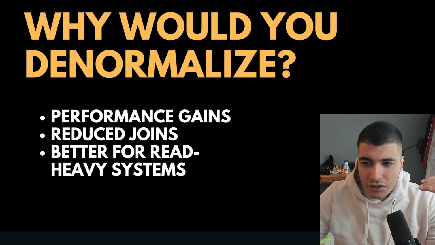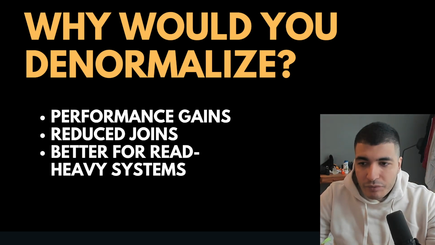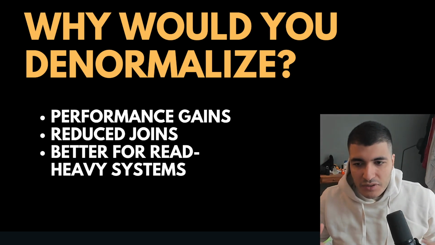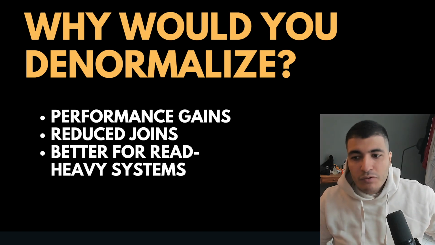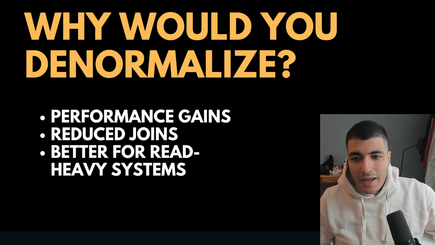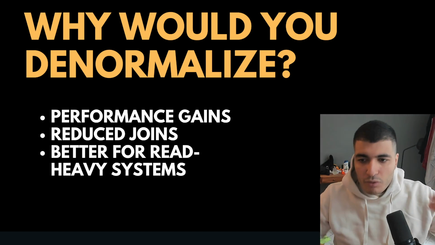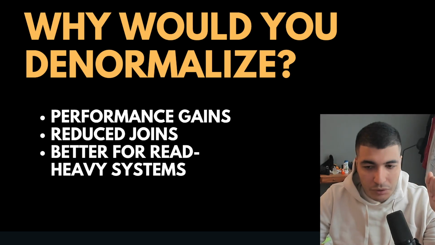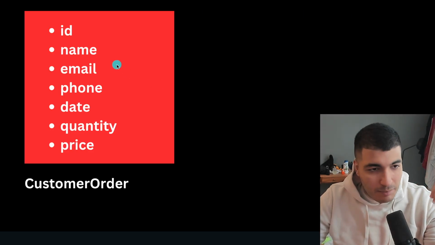If your application is primarily reading data rather than writing or updating data, the extra duplication won't cause as many issues. There are some trade-offs. You're sacrificing some of the benefits of normalization, like data integrity and minimal redundancy, for speed and convenience in certain queries.